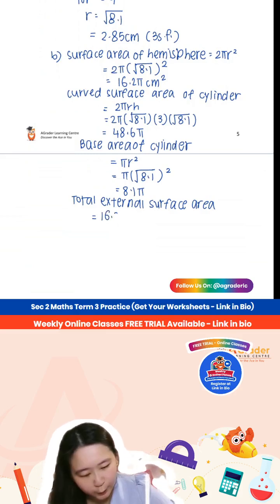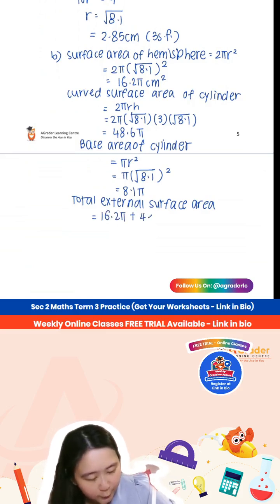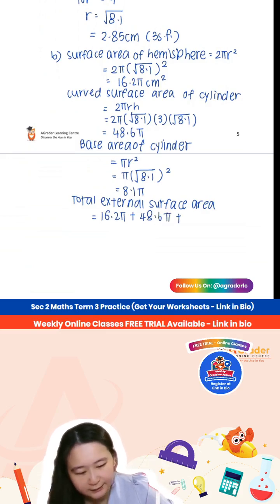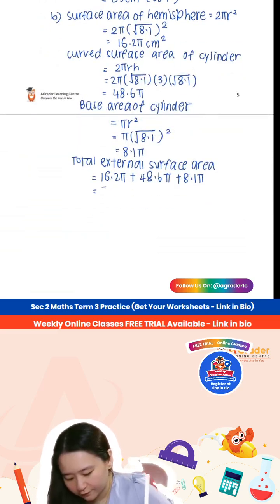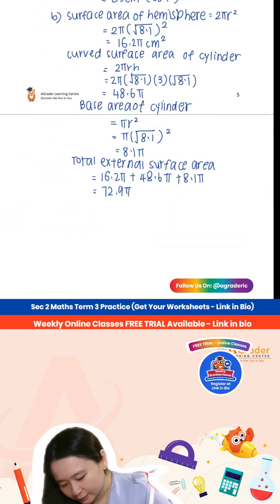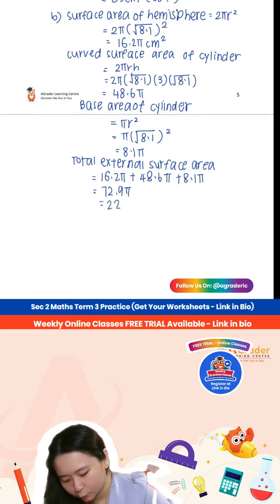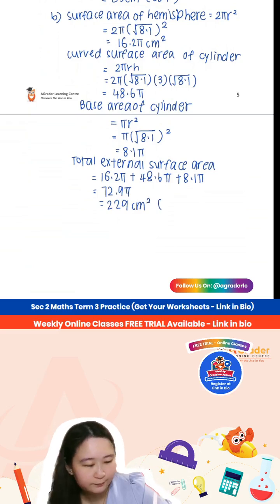So 16.2 pi plus 48.6 pi plus 8.1 pi will give us 72.9 pi. Rounded off to 3 significant figures is 229 cm squared.